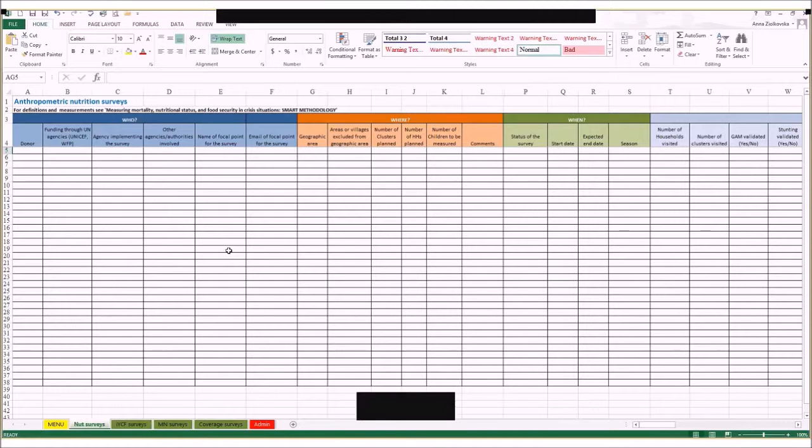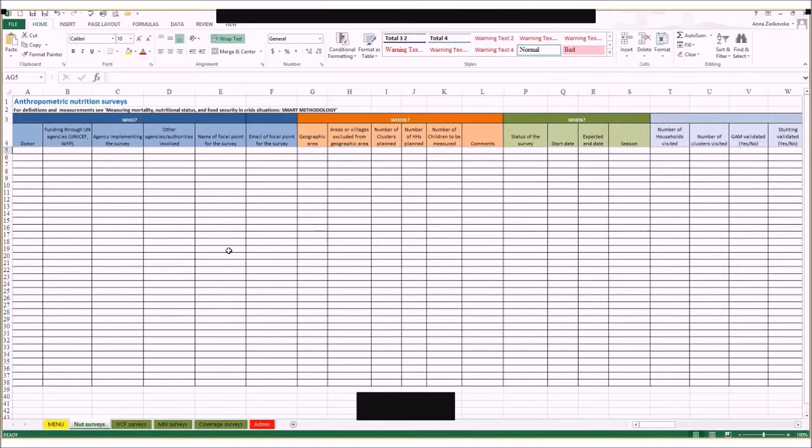I don't think the database exists in many countries currently. I only know South Sudan has it. I think Yemen has it. I don't know if others on the call have a database for surveys currently, or how you collect the information and how you extract it.